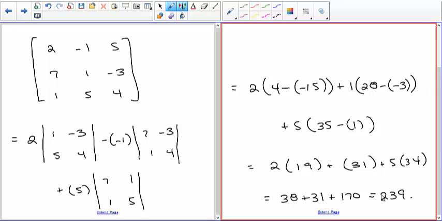Now, a lot of these things are available on your calculator, but you need to know how to do it otherwise. So I'm just putting this into my calculator to make sure I did it right.